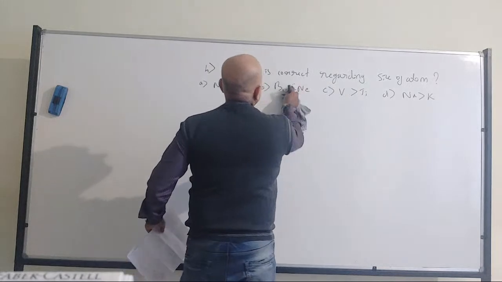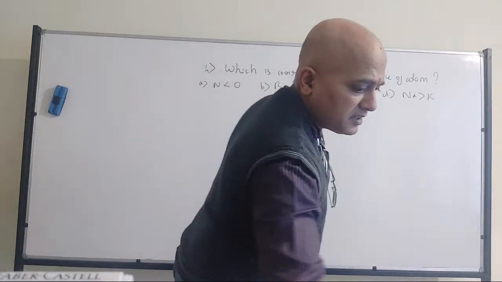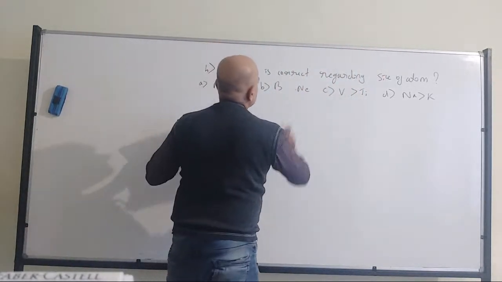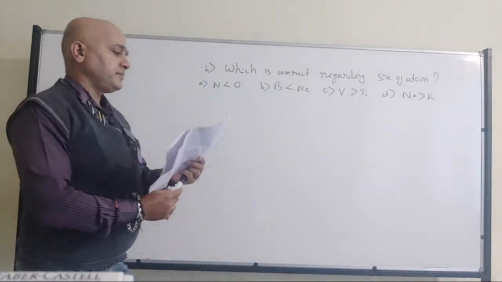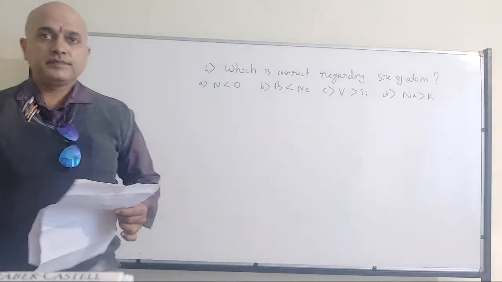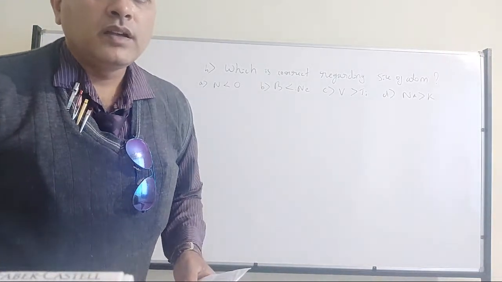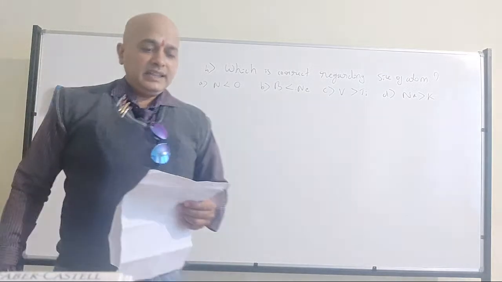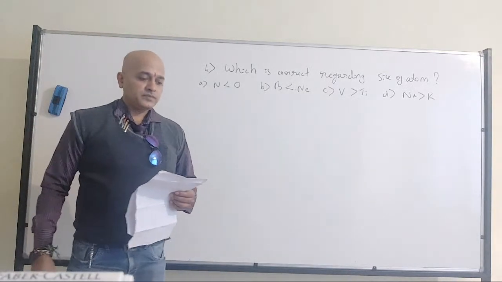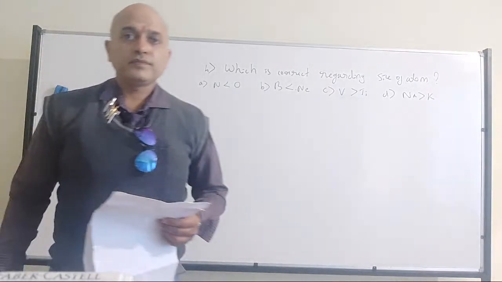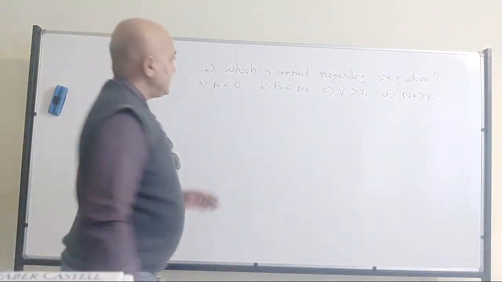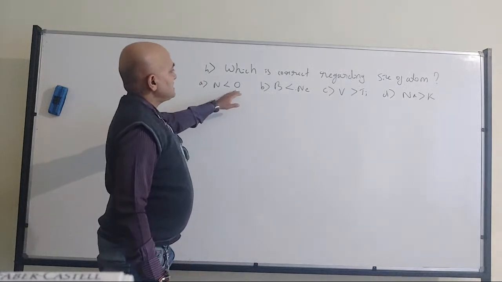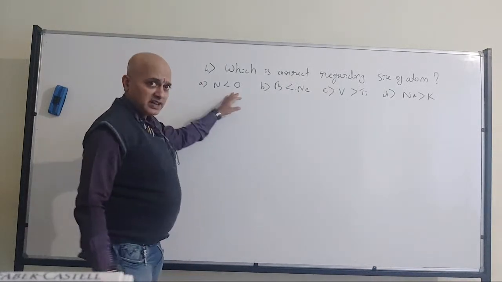It is actually less than. It looks like I have written 2, it is less than. Okay, A and D. Many of you are going with A and D. That means nitrogen is less than oxygen, which is correct.